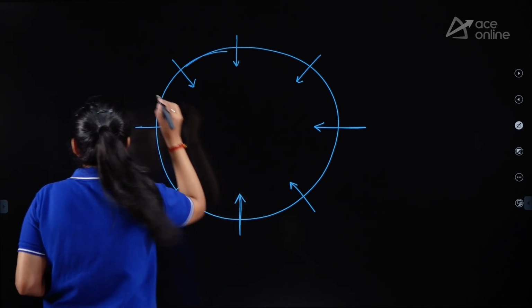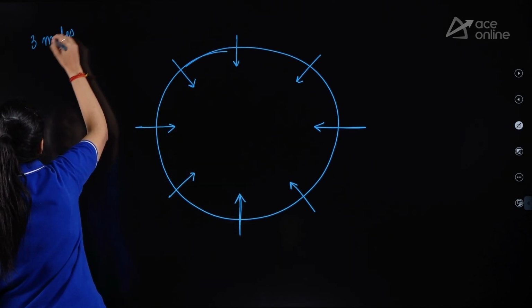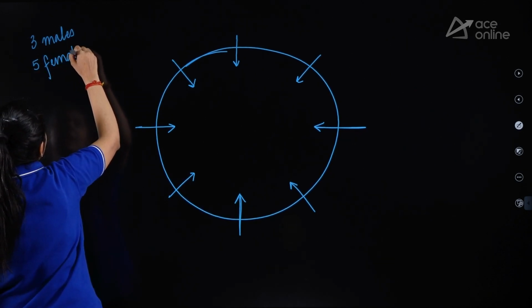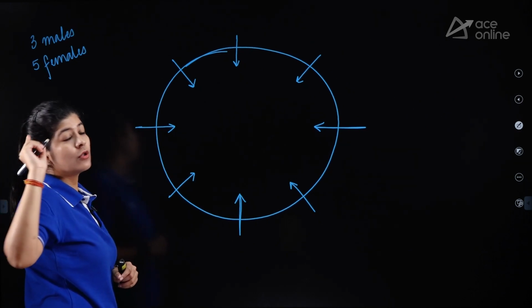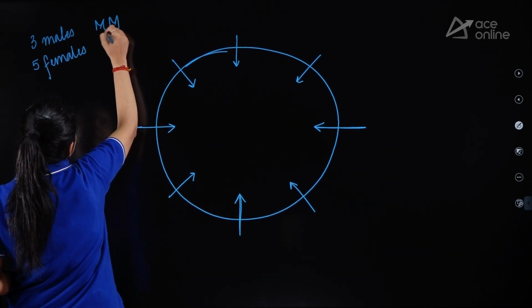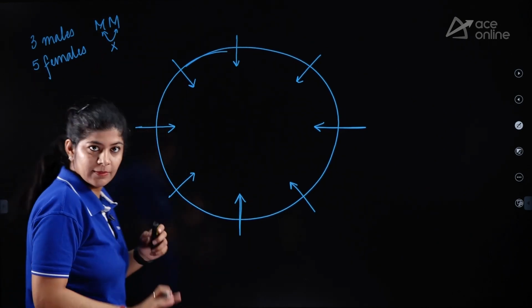Now the condition says that we have 3 males and 5 females. Apart from that, it is also given that no 2 males are going to sit consecutively, as immediate neighbors. Is it clear?